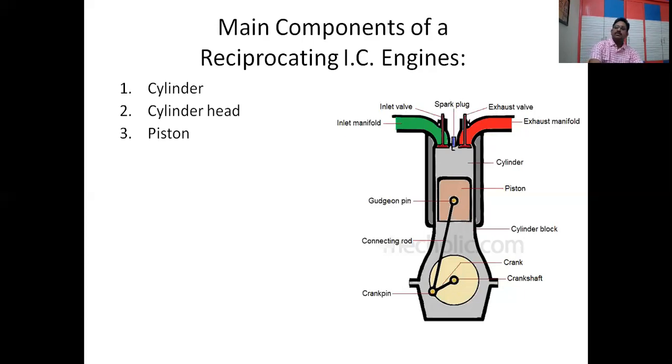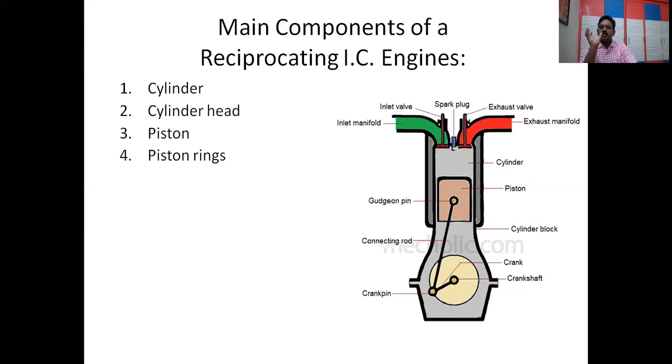Piston. This piston's movement will be converted into rotary motion; it gives a to-and-fro motion. To make the cylinder airtight, the upper portion of the piston is grooved with rings.